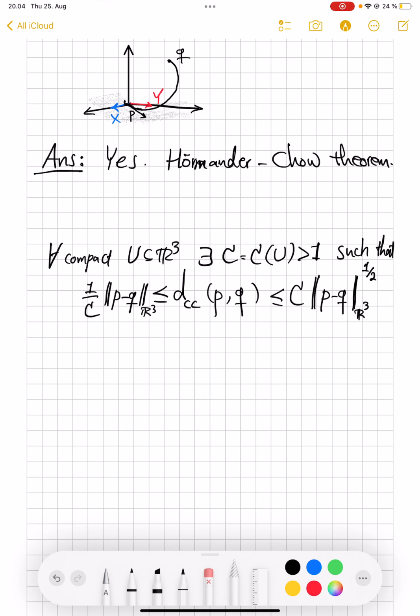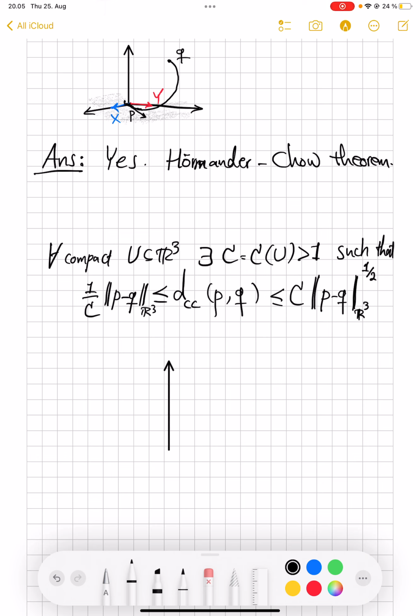Talking about compact sets, this concerns small values of the distance of P minus Q in R3, because this is a root and this is not, and this becomes bigger than that only when the distance is smaller than 1. And that C helps to deal with the not strictly bigger than 1 cases.